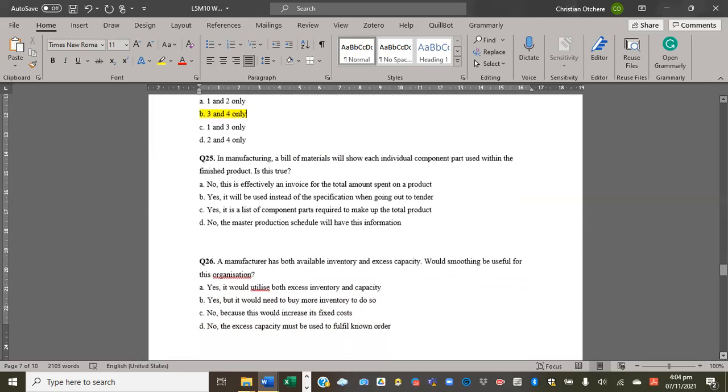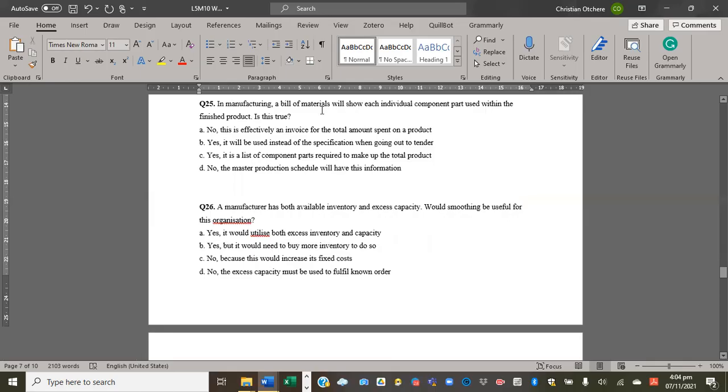Question 25. In manufacturing, a bill of materials will show each individual component part used within the finished product. Is it true? Does a bill of material show each individual component part used within the finished product? Is that statement correct? No. Okay. What is a bill of materials then?